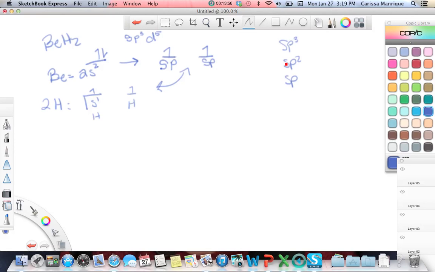If you have an sp2, you hybridize 1 s and 2 p's to maximize bonding, and if you have an sp, you hybridize 1s and 1p to maximize bonding. Okay, so this is just what you needed to maximize bonding. So max bonding, basically the strongest bond.